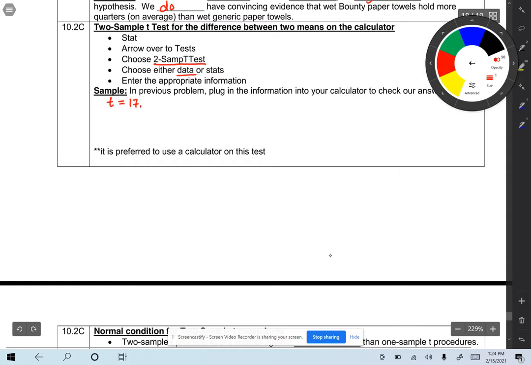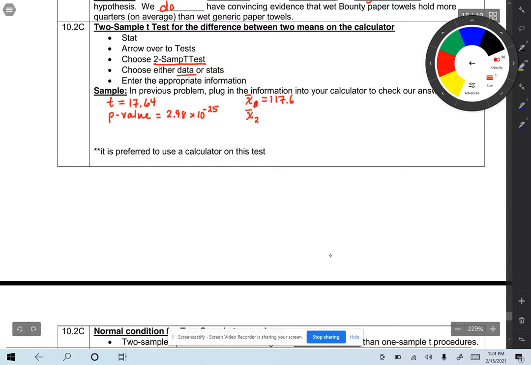So you write down your t value, t score, and my t was 17.64 that the calculator calculated, which is very close to the 17.7. The p value was 2.98 times 10 to the negative 25th, which is even smaller than what we got by hand. And then the sample mean of Bounty was 117.6, and the sample mean of generic was 88.1.